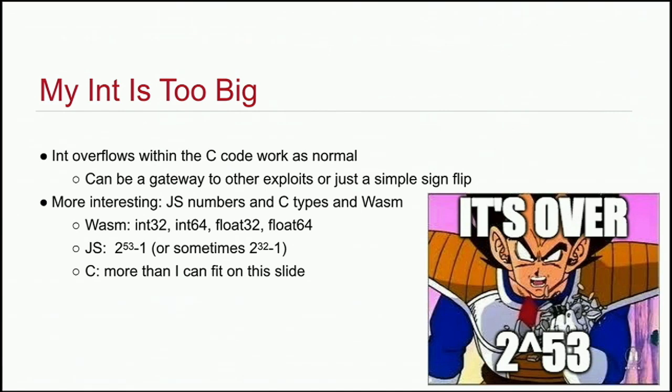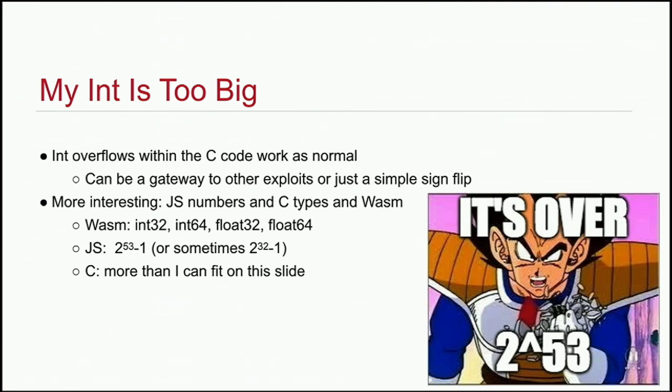Integer overflows. Overflows are present in a lot of languages, but for people who haven't heard of them, if you have an integer, it has a maximum value in any programming language. So if you do an operation that would cause the value stored in that integer to be higher than the maximum value it was supposed to have, then it rolls around to the back again. If it's a signed type, then you end up in negative numbers.